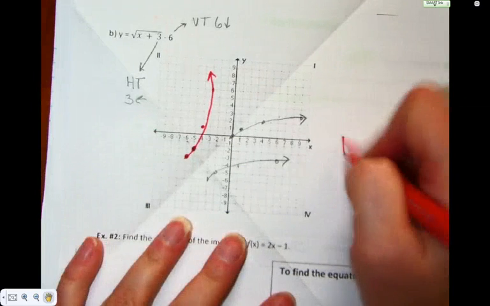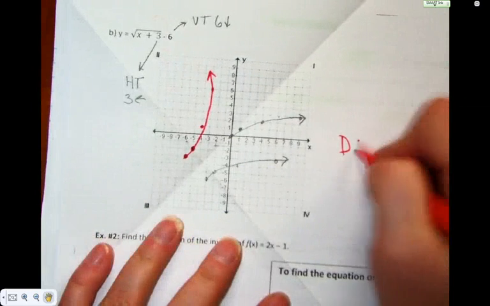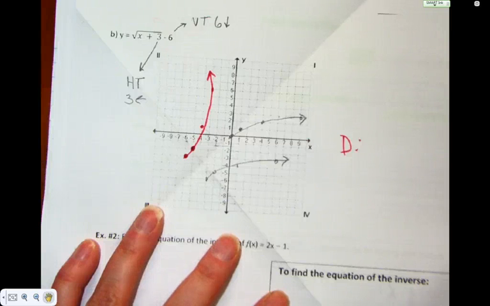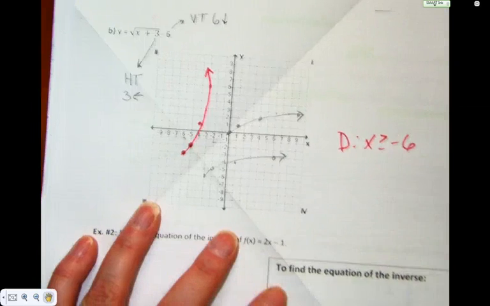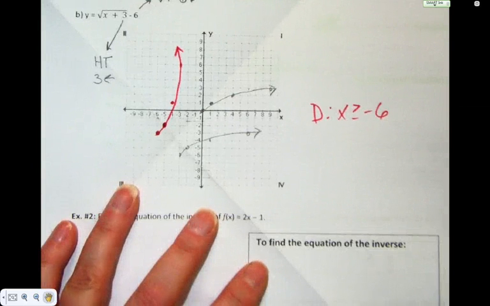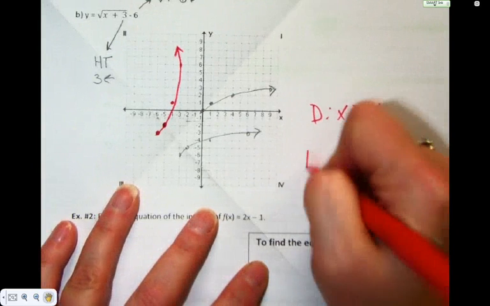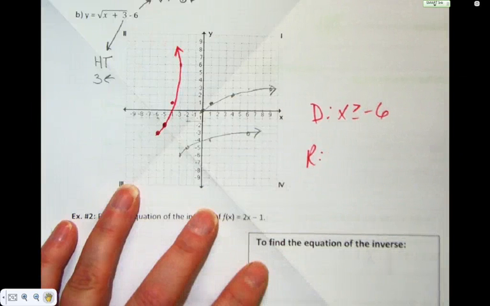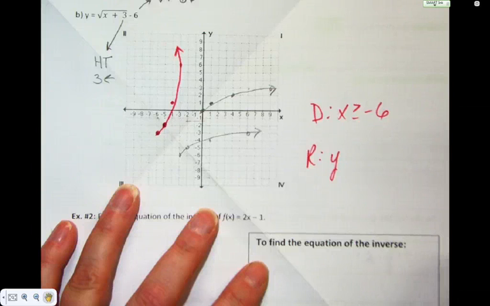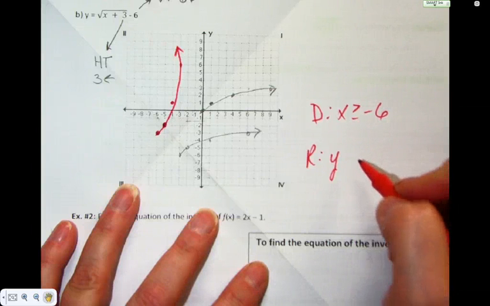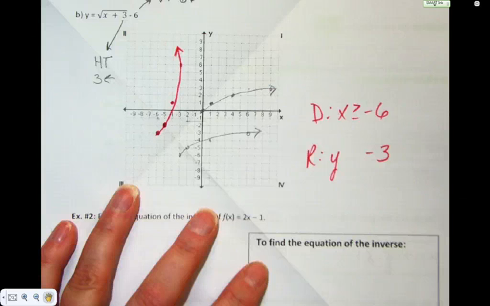Domain, thoughts? Okay, there's the offer. Okay, range. I'm just taking the little mumbles that I'm hearing.